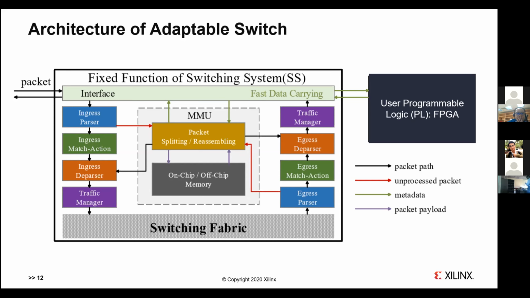In fact, we could use the SDNet toolchain, right? Still proposing the programmability. Although we call it the fixed function switching subsystem, we could still have the programmability there, mainly on the SDNet, mainly the programmability for the networking stacks.